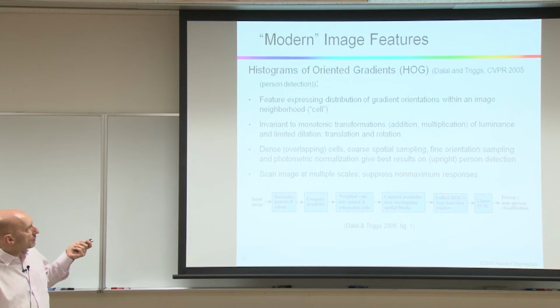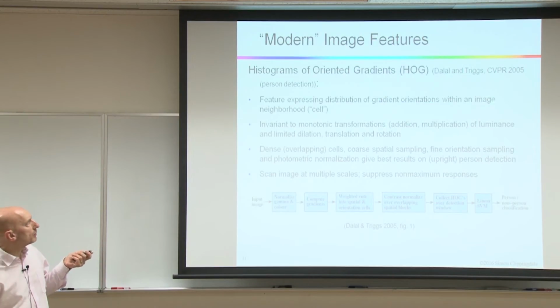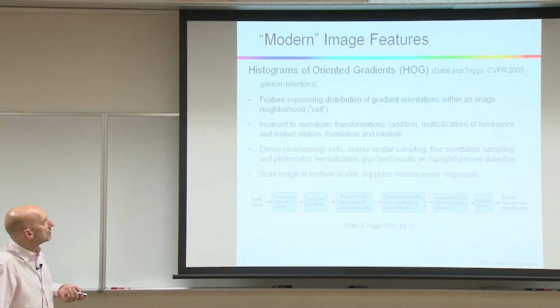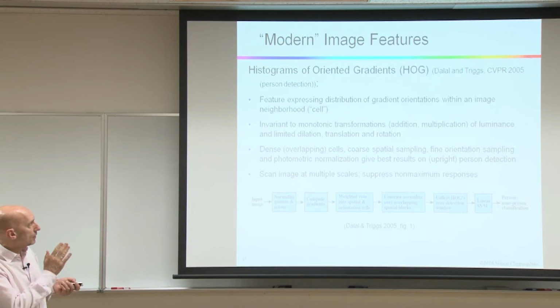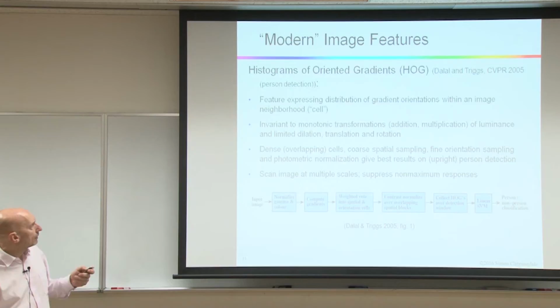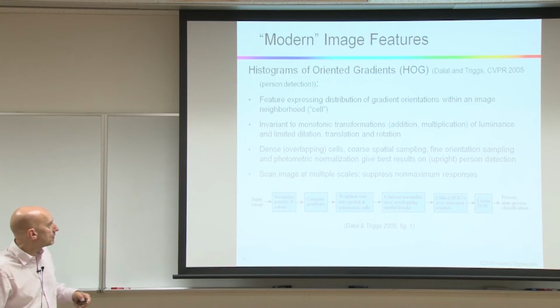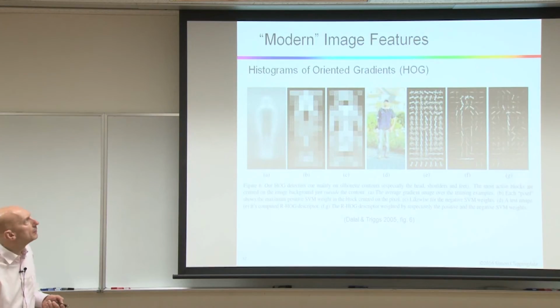These features express a distribution of gradients, light-dark gradients, within a neighborhood. These also are invariant to monotonic transformations like addition and multiplication of the luminance, and they also have a bit of room for translation and dilation and rotation of the image. We won't go into the detail of that, but here's an example in pictures.